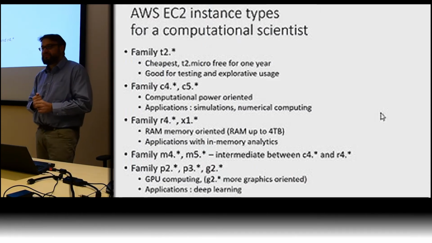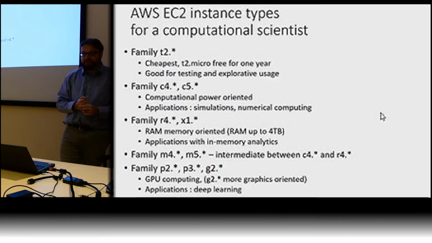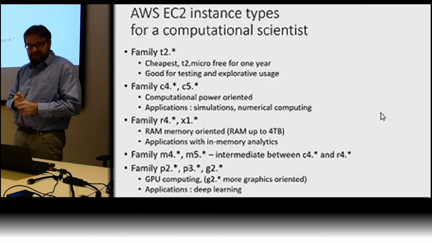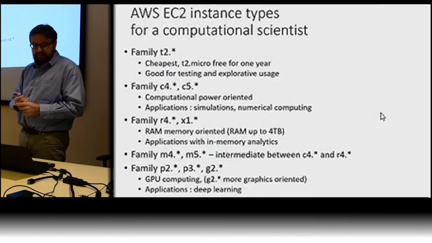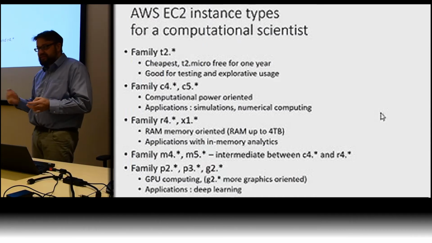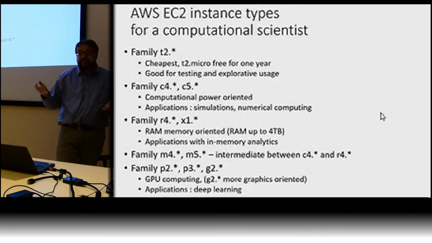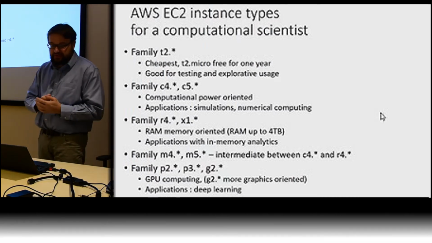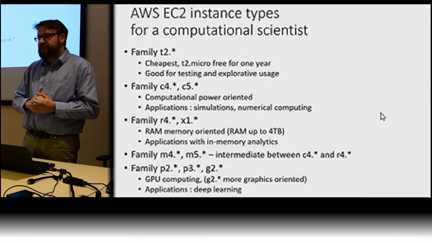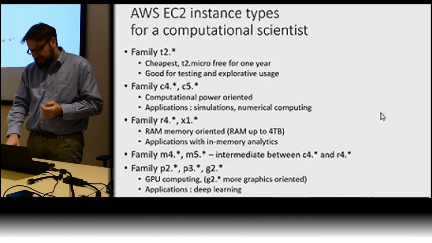Now sometimes we run computations where we need to use plenty of memory, random access memory, and for this purpose there are R4 and X1 instances, and they can have up to 4 terabytes of memory. So they are really great tools for in-memory computing. Now there are M instances, which stand for intermediate instances, somewhere in between C and R, and there are GPU instances if we need to do GPU computing or deep learning.